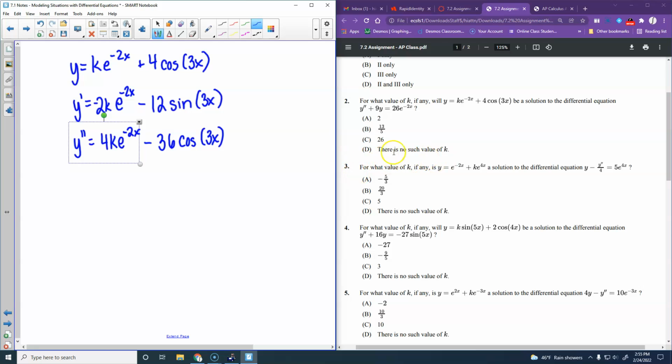Or if we can't, d would be our answer. So we'd have 4k e to the negative 2x minus 36 cosine of 3x. That's our second derivative. Plus 9 times our first derivative, k e to the negative 2x, plus 4 cosine of 3x.